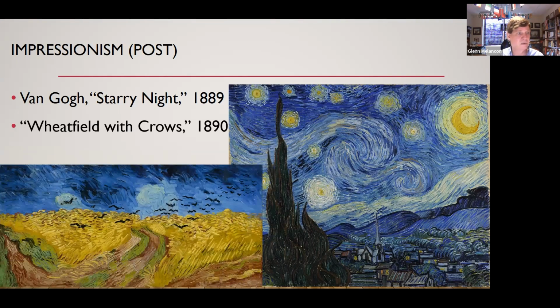Or Van Gogh's wheat field with crows. The wind blowing the wheat. The birds flying in the air. But unlike those birds in the still life, there's no drive to accurately represent them to the human eye as if you could see every detail.